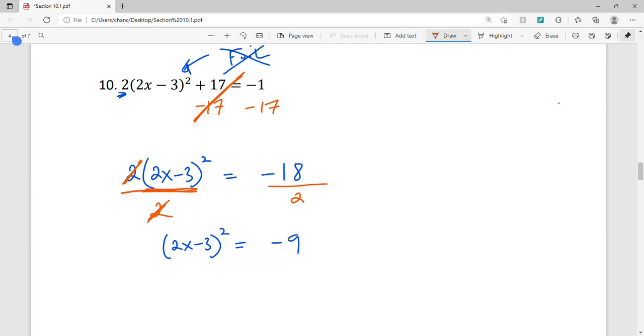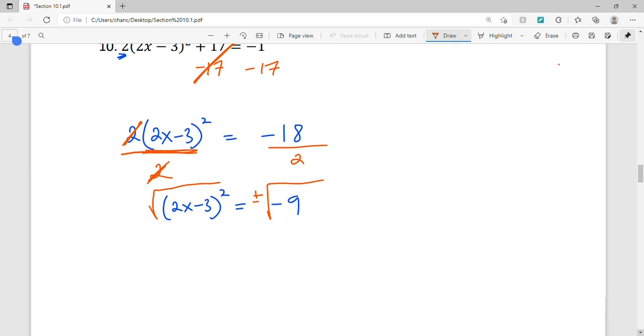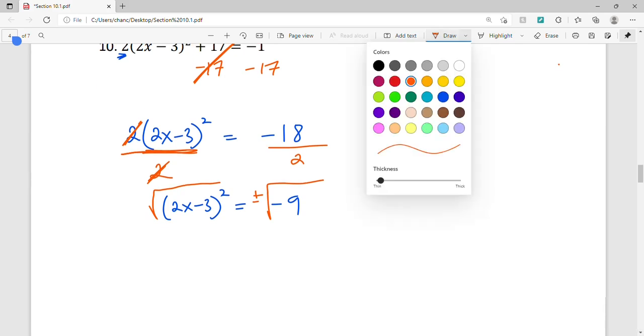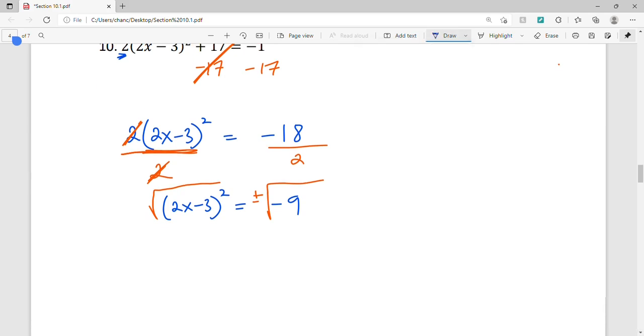And now I could take the square root of both sides. Don't forget that plus or minus in front of the constant term. And now we have 2x minus 3 equals, we have a negative inside the radical, so let's pull out the i to the front, leaving us with the square root of 9.